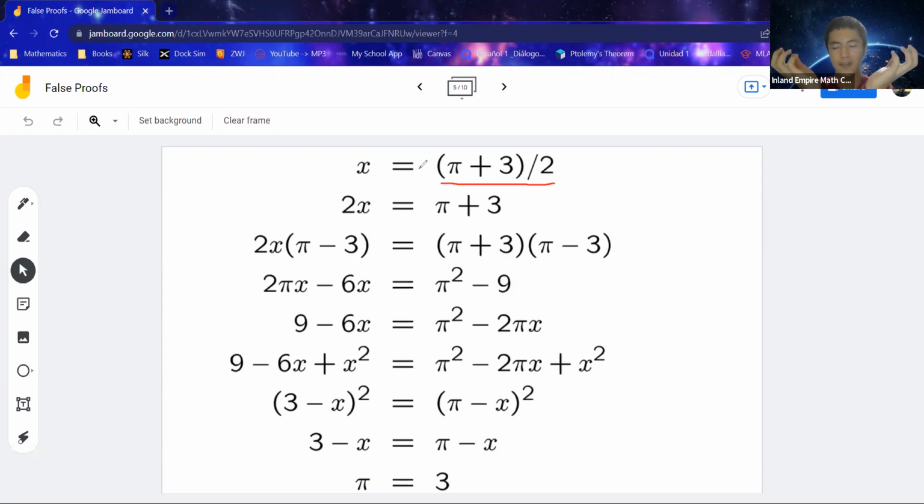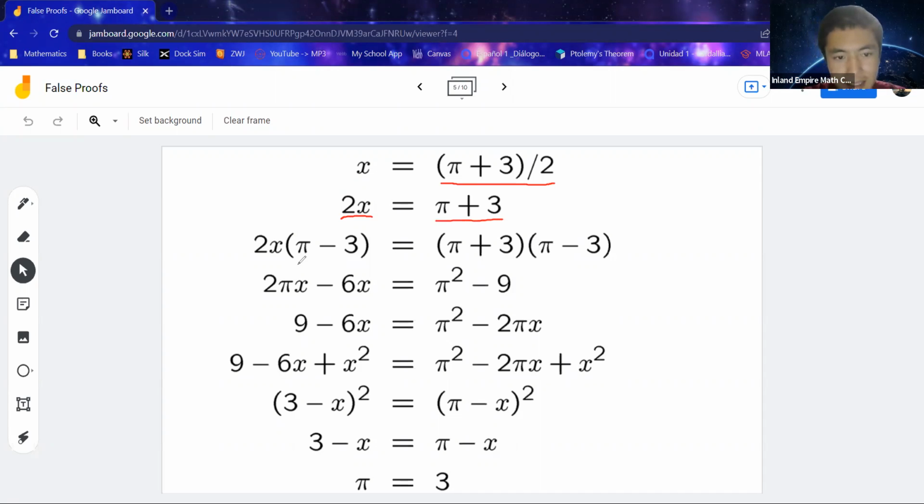If you do the same thing to both sides, for example add a pencil to both hands, the weight remains the same. Multiplying by 2 on both sides, we get 2x equals pi plus 3.